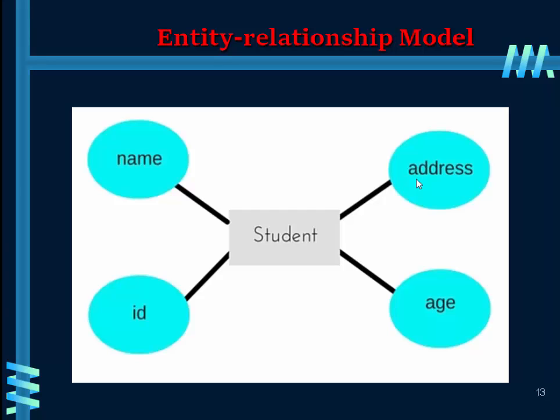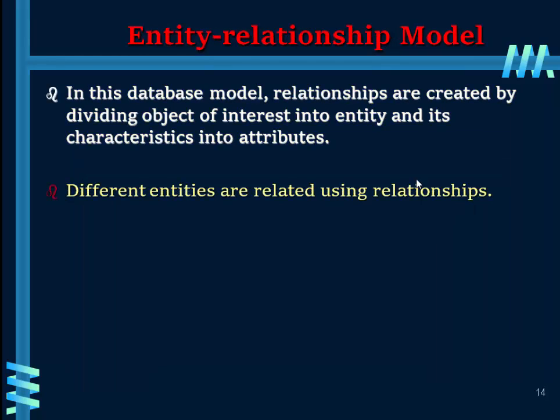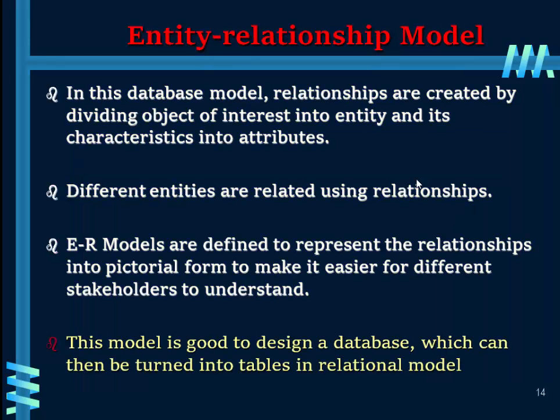Simply, we can call entity relationship models ER diagrams or ER models. This is one of the good designs for a database. By using entity relationship models, we can create tables in relational models. And this is a description of the entity relationship model.